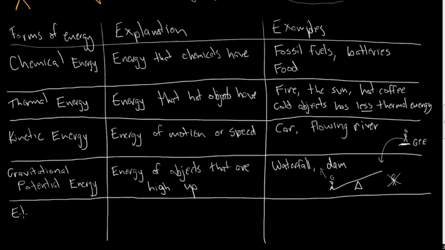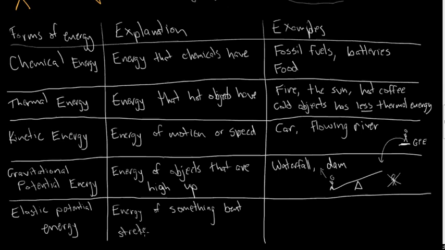And finally, the last one that we will talk about in this set of videos is elastic potential energy. You might think of an elastic rubber band, and you'd be exactly right. This is the energy of something bent, stretched, or twisted out of shape.